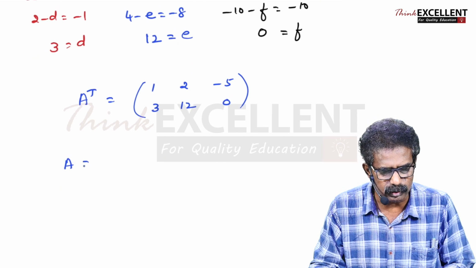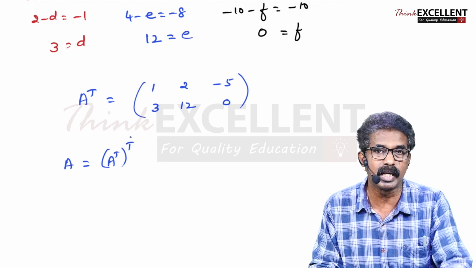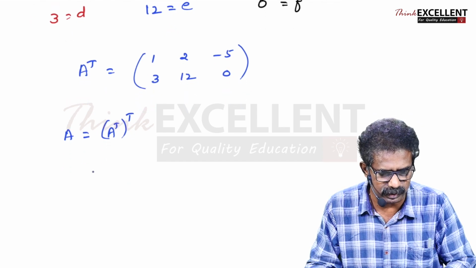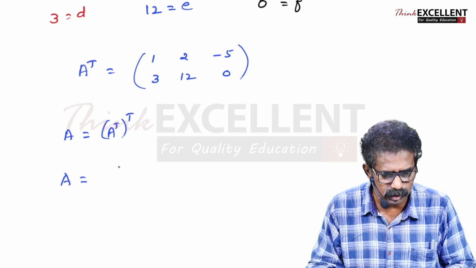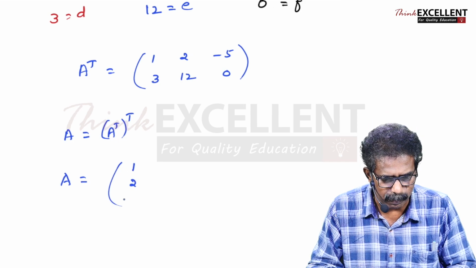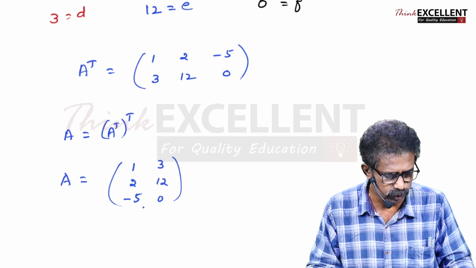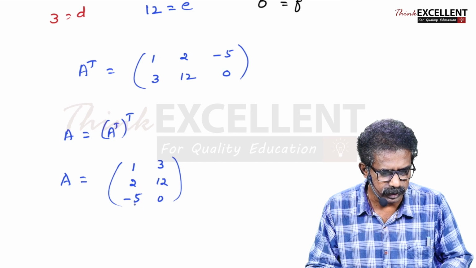So A equal to A transpose, the whole transpose. Already you know A transpose, you take the transpose of that. So A equal to: write the first row as the first column. First row is 1, 2, minus 5, second row 3, 12, 0. Okay, so this is your answer for question number 18.